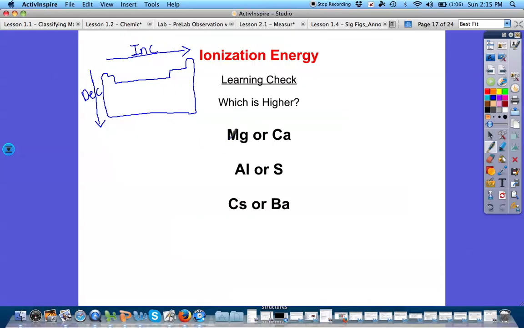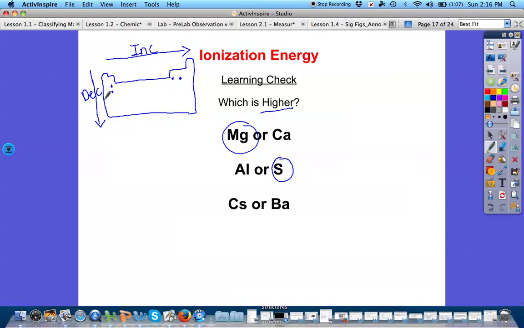So if we take a look at magnesium and calcium, magnesium is about right here, calcium is about right there. So which has a higher ionization energy? Magnesium is. And then if we look at aluminum and sulfur, the higher ionization energy would be sulfur.